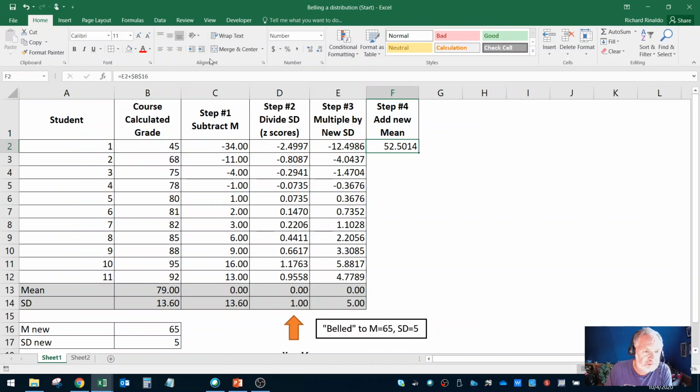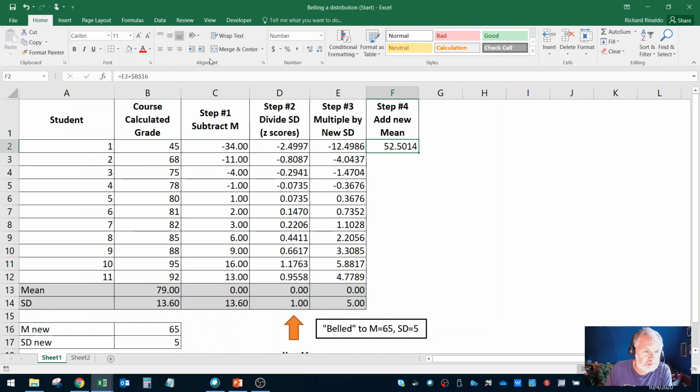Okay. And that is belling curves. Now, the key thing here, and what people often forget, we often talk about what's the average.